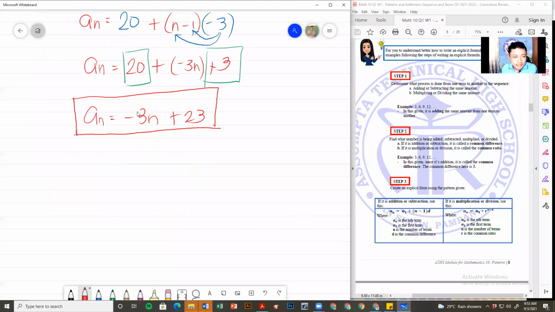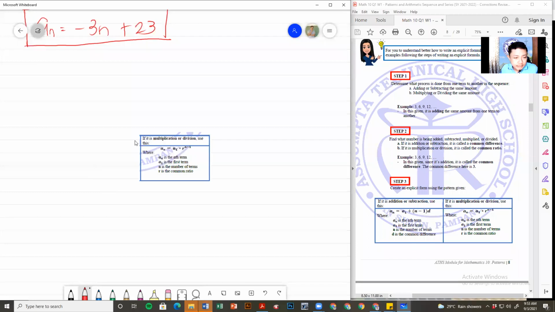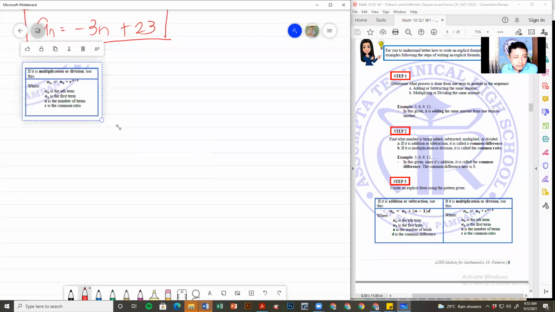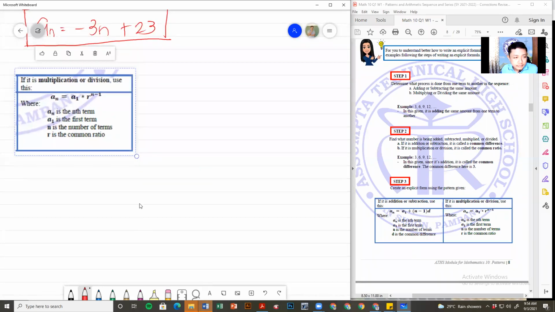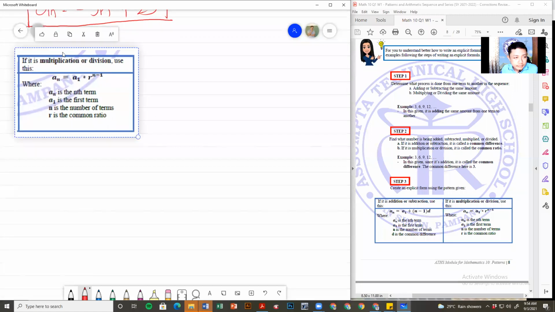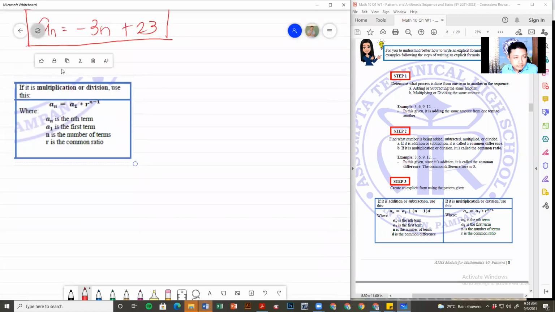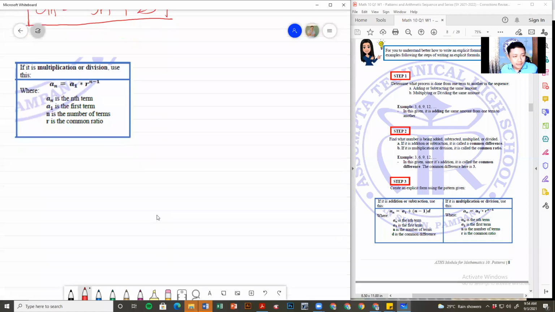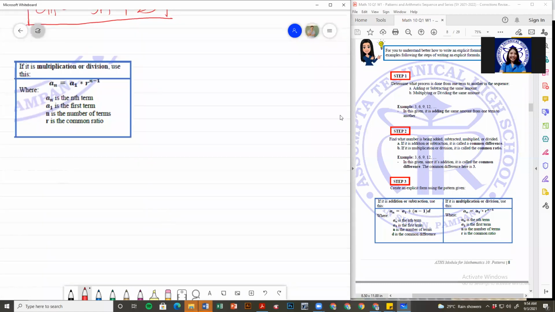Here, this is the formula that we will use if the pattern is multiplication or division. Sample: we have 2, 6, 18, etc. Ayan.